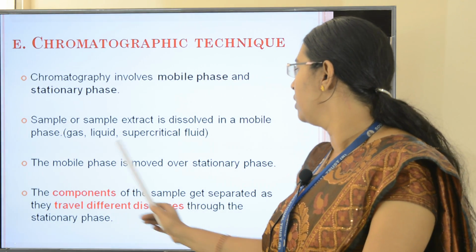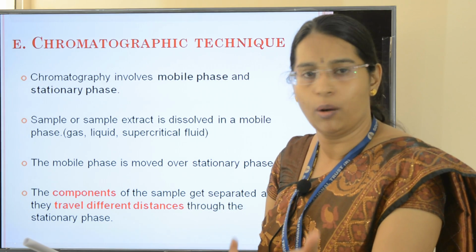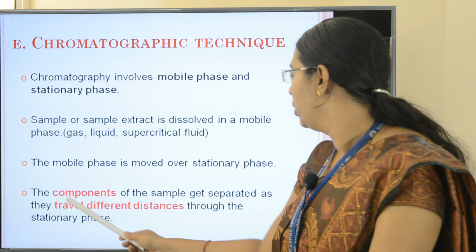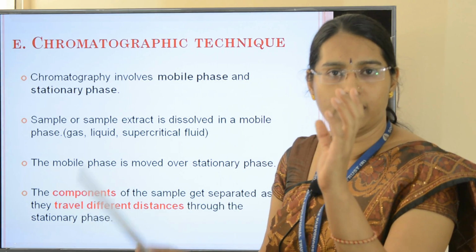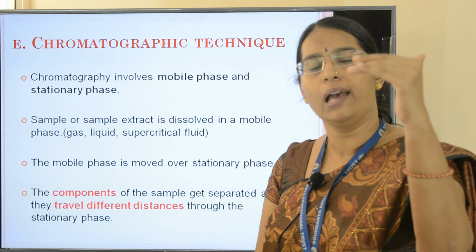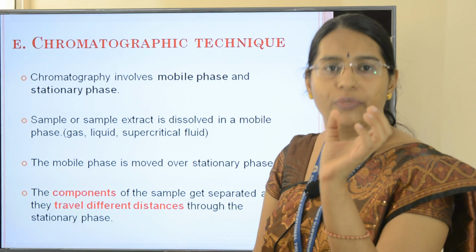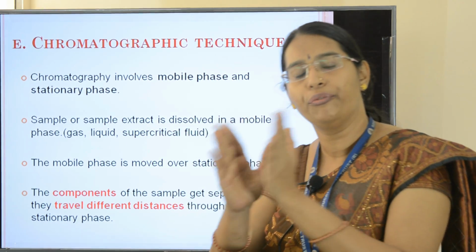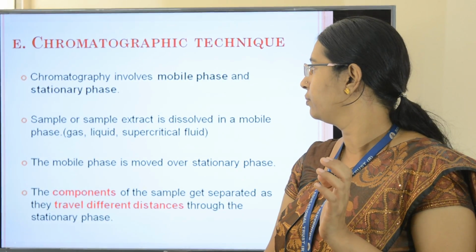When the mobile phase is moved over the stationary phase, the components of the given compound get separated because they travel to different distances in the stationary phase.